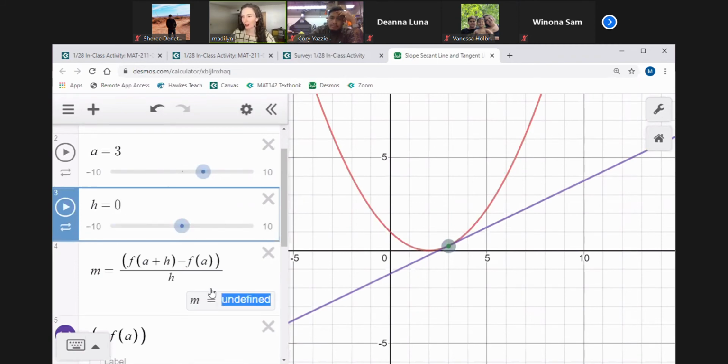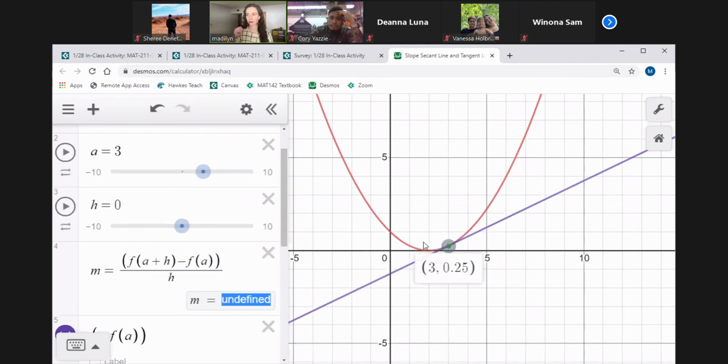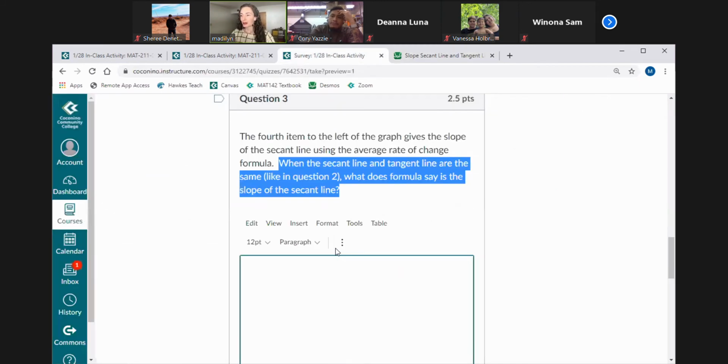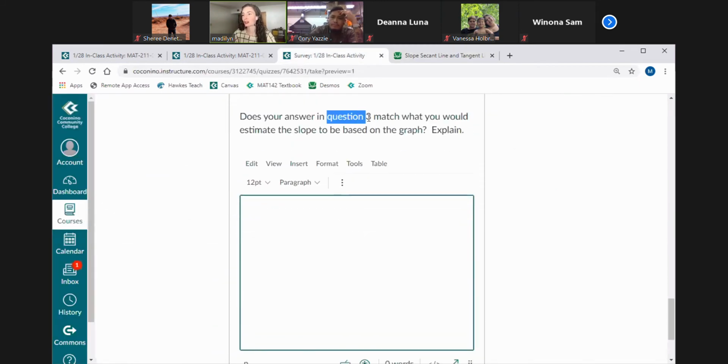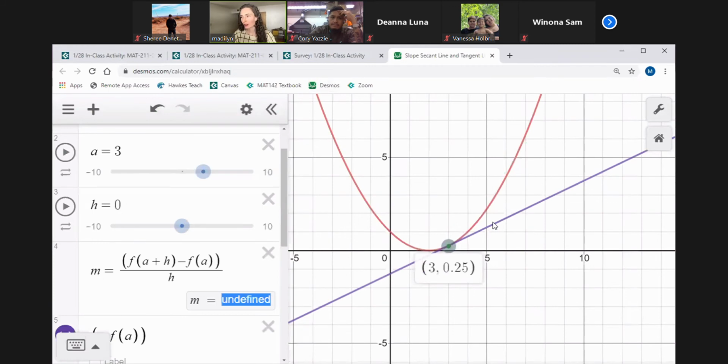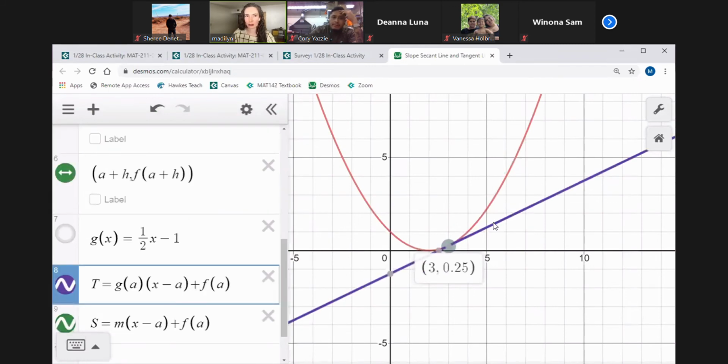And yeah, it was undefined. So when we have h is 0, it says that the slope is undefined. But our fourth question was, does your answer in question 3, undefined, match what you would estimate the slope to be on your graph? So does this look like an undefined slope?